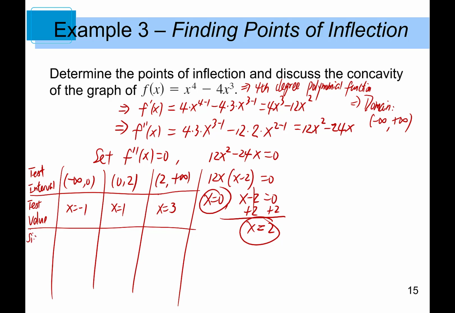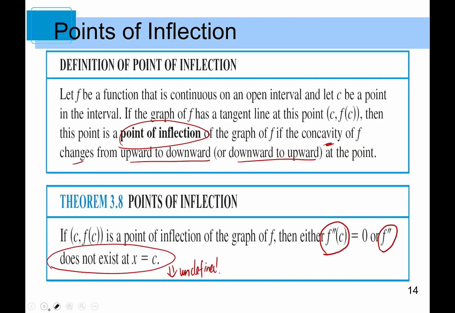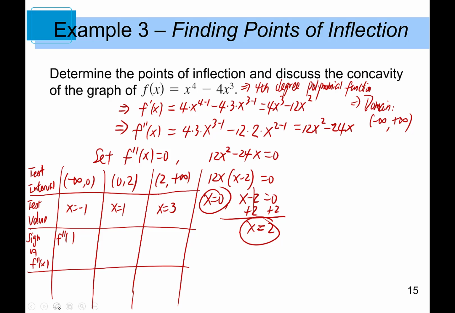Then we determine the sign of f''(x). So f''(-1) is 12 times (-1)^2 minus 24 times -1.